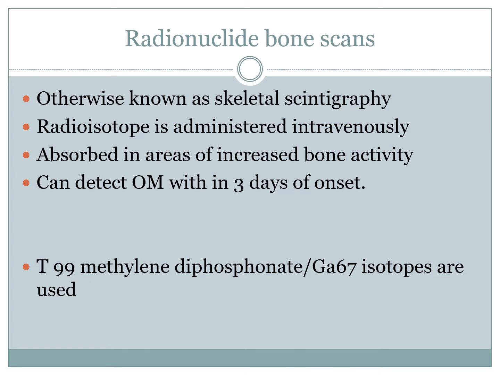After 1 day or 2 to 3 days we can see the radioisotope, which will mostly be absorbed at the area of destruction. That means that area is more commonly affected. Mostly they use gallium-67 or technetium-99m methylene diphosphonate.